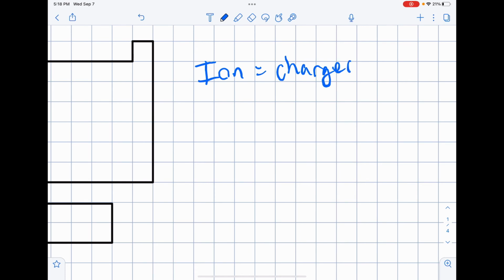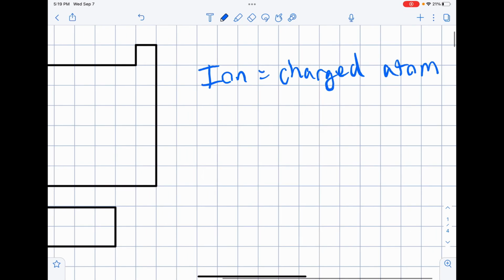What does charged mean? Well, it's going to have not an equal number of protons and electrons. And we don't gain or lose protons, at least not normally. So we're going to be gaining and losing electrons in order to get this imbalance. And in ionic radius, basically what you do is you compare the atomic radius of a thing that's neutral to the radius of the thing that's an ion.